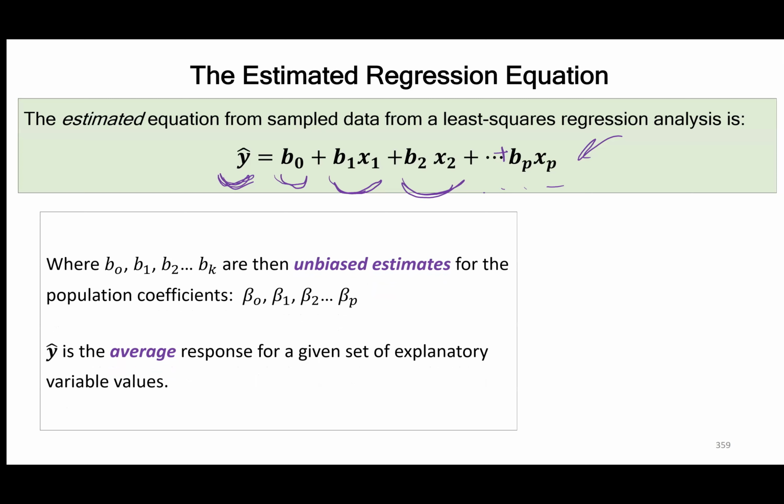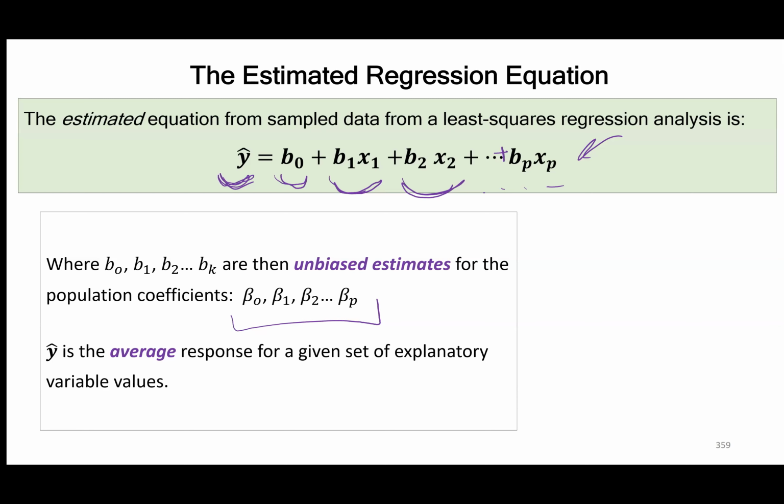So B0, B1, B2, and so on, they're all unbiased estimates for the population version. So the idea is if I were to take all men and women in this particular population and fit a line of average daily activity by body fat percentage, I could come up with the population values.